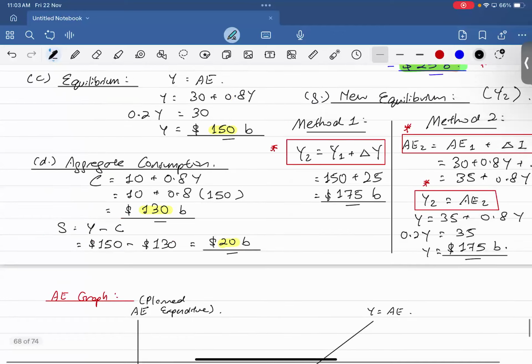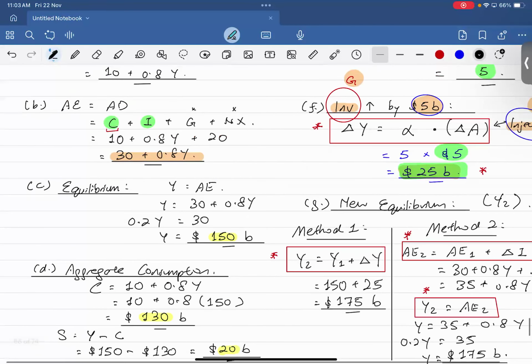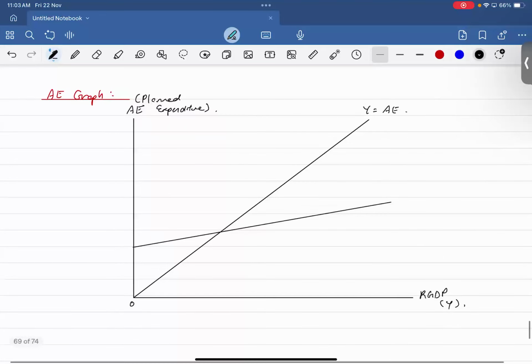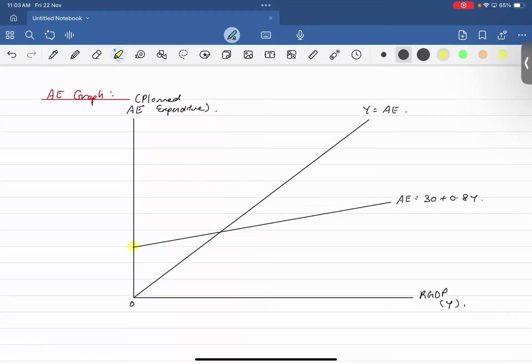Our first AE function is this one, 30 plus 0.8Y. Why do we start from here?